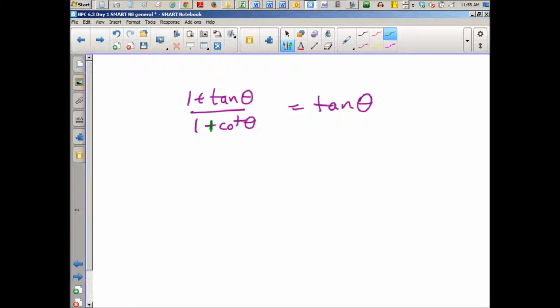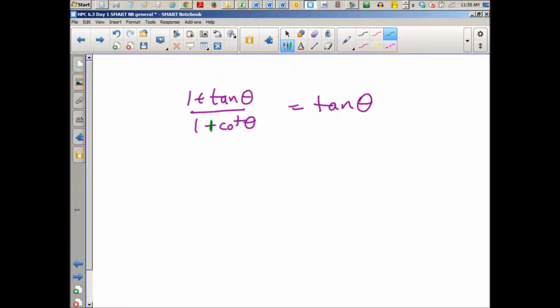You have to simplify the messy side until it looks like the simple side. And you cannot cross multiply, and you cannot move anything across the equation. In fact, once you pick the messier side, you're not even allowed to touch the simple side. You just leave it there, and you mess around with that until it says tan theta. And that can be very hard to do. But that's what we're going to do.